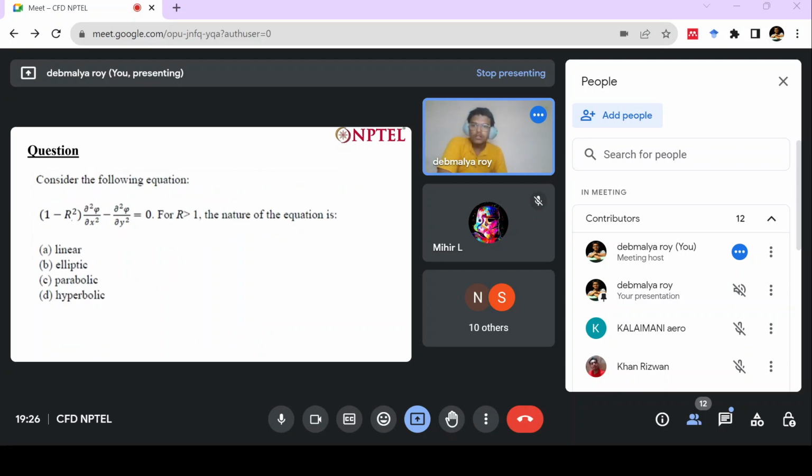Okay, this is a very straightforward question. What we have to do is find out whether this is elliptic, parabolic, or hyperbolic. So simply compare it with the standard equation. What is the standard equation? This is the standard.